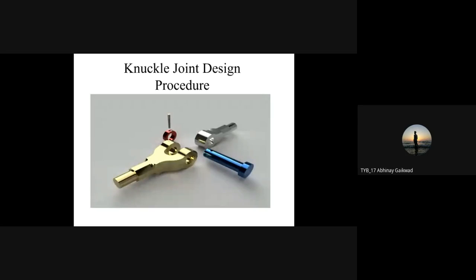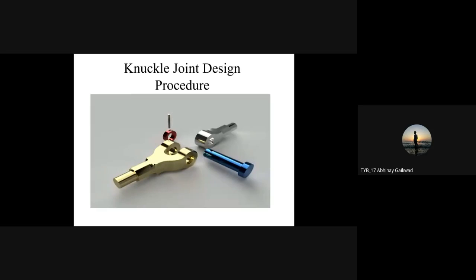In those three components, we don't have any relative motion. Whereas in the knuckle joint, we can have relative motion between the input link, the fork or eye section, and the output link. Any one of them may become the output. So we can have relative motion between the input link and output link, and hence it is more popular.